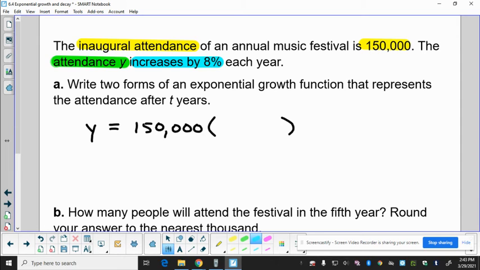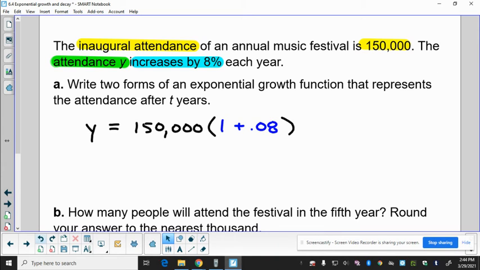So here's the deal. We can't write this. When you calculate with percentages, you cannot write the percentage form. You need to write the decimal form of this. So there's two ways we could do it. One way we could do it is say 1 is the same as 100% plus 0.08, which represents 8%.